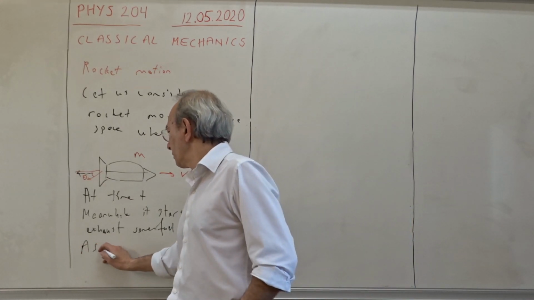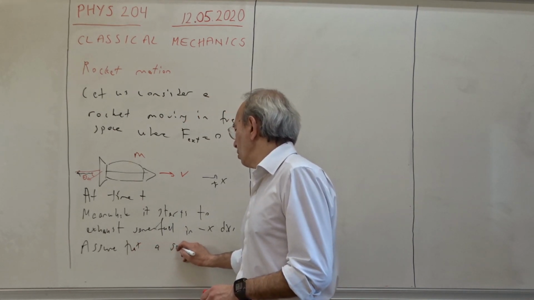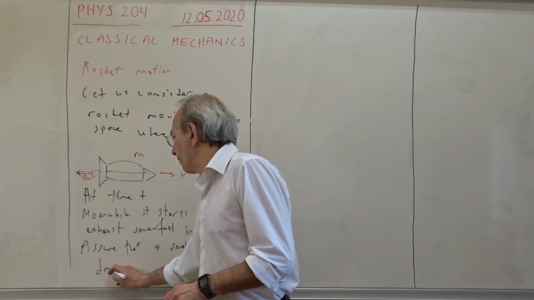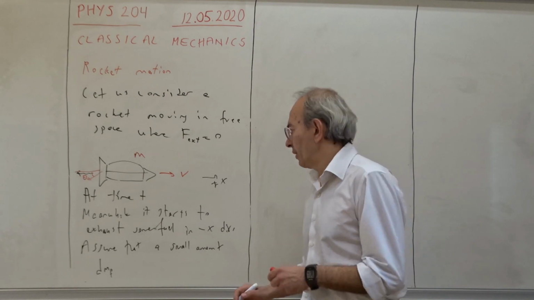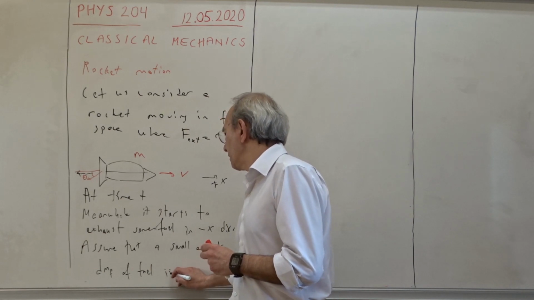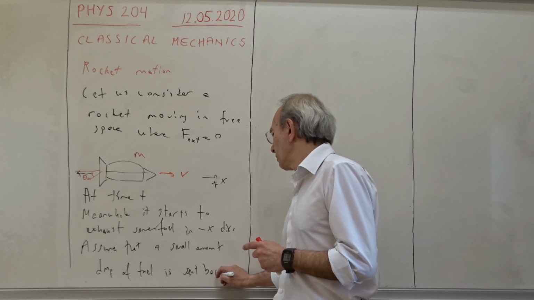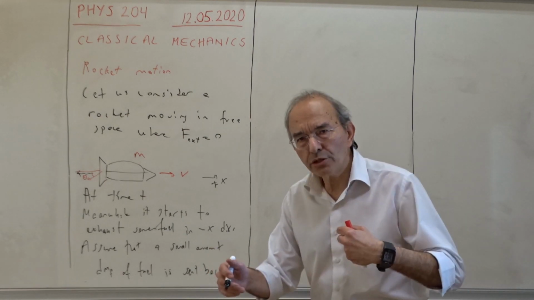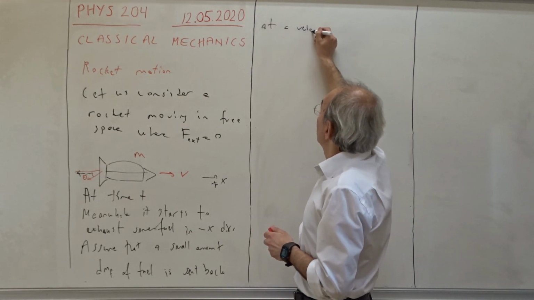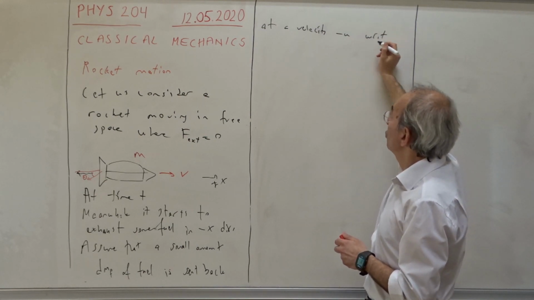Assume that a small amount dmf of fuel is sent back at velocity minus u with respect to the rocket.